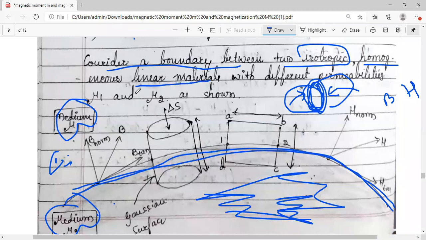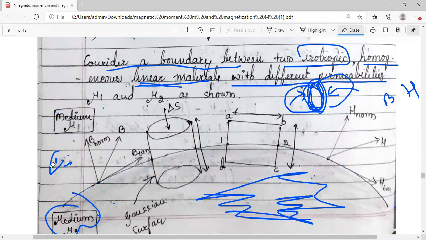And linear materials: just recall, we have studied the classification of materials, linear and non-linear. In non-linear we considered diamagnetic and paramagnetic; in linear materials, ferromagnetic. So we have considered one linear material, you can consider iron, with different permeabilities mu1 and mu2.